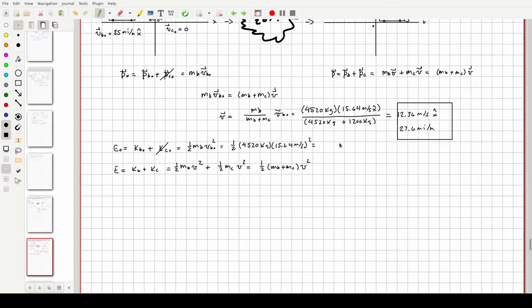So what's my initial energy right here? 0.5 times 4,520 times 15.64 squared. That ends up being something like 552,818 joules.